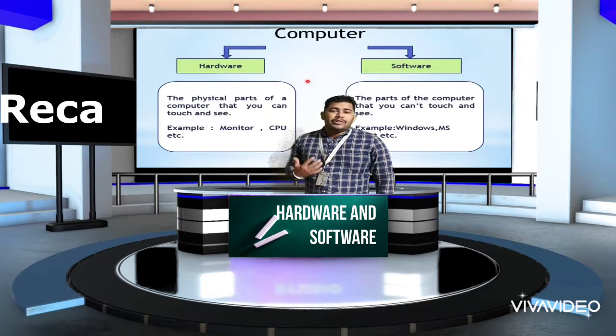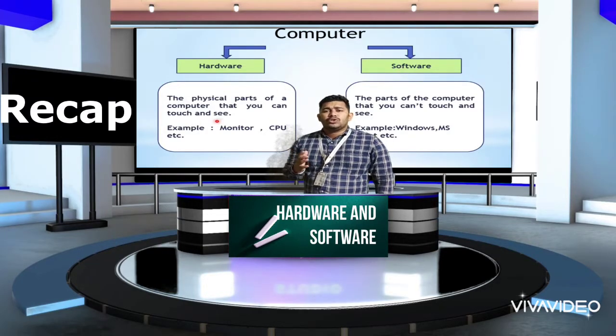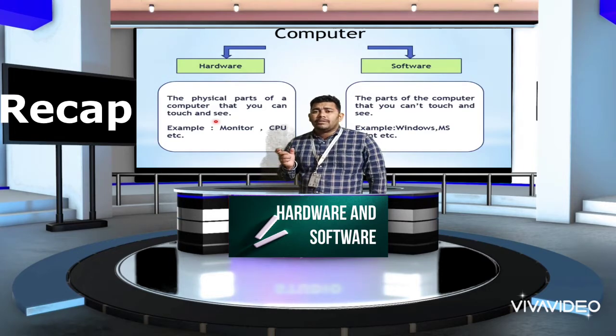Let's do the recap. Students, in our last class, we went through the overview of hardware. We know about hardware, we have come across the term, and I have told you that hardware is very important for a computer, and we have related this with our first chapter.